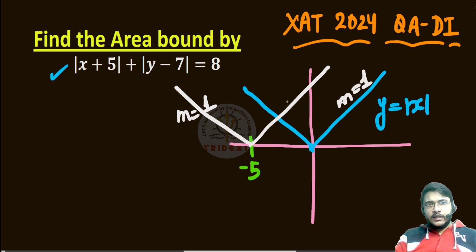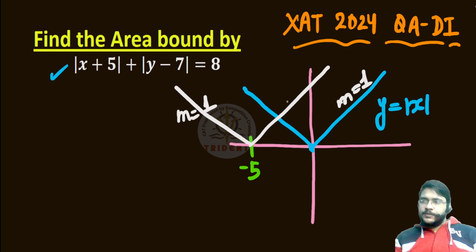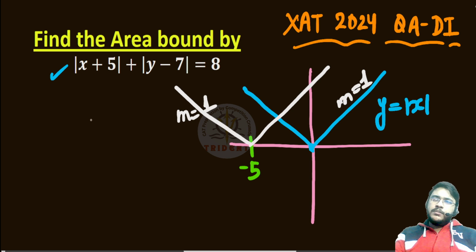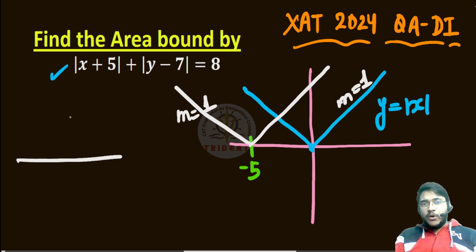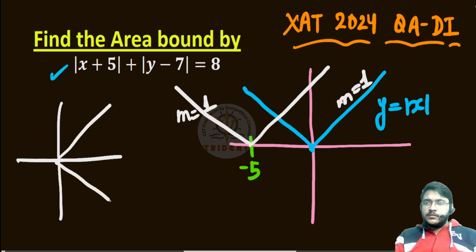It is just the translation towards the negative side of the x-axis. Now x is equals to mod y. X equals to mod y will be something like this, and you can very well tell me that the translation will happen somewhere over there.